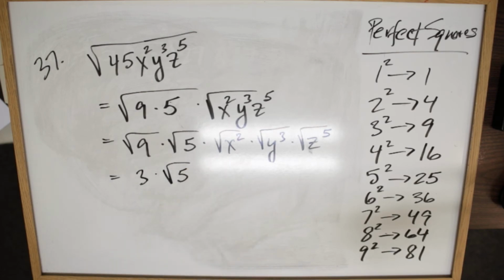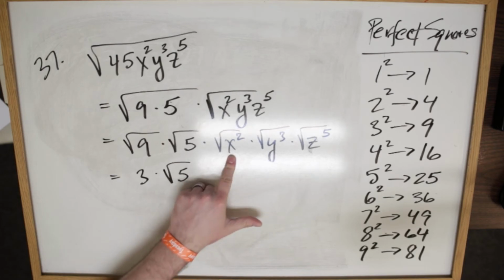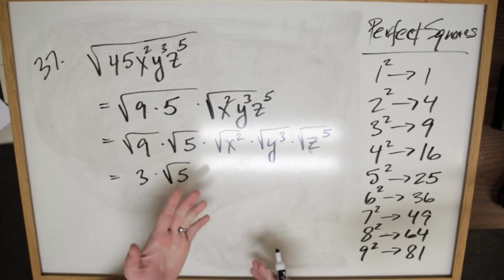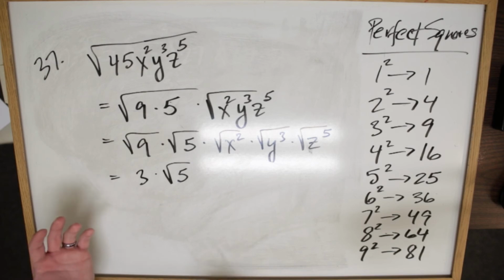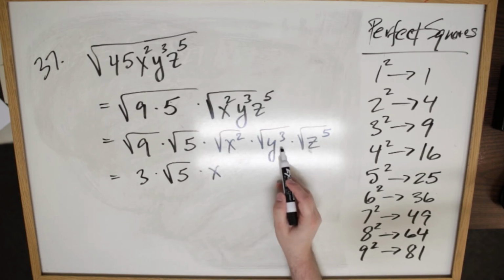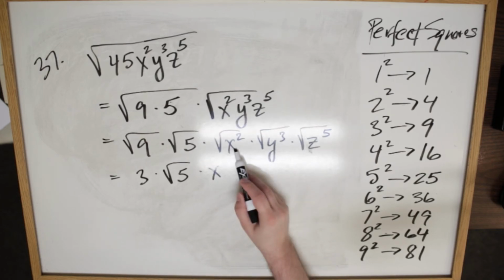Now, the thing with this is you can take the square root of x squared, and the reason why is because it's the same thing as x times x. So that means that this is going to just produce an x. How do I deal with this is the question. That one's easy. It was a lot simpler.